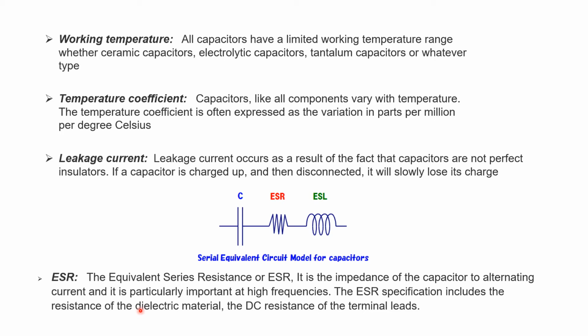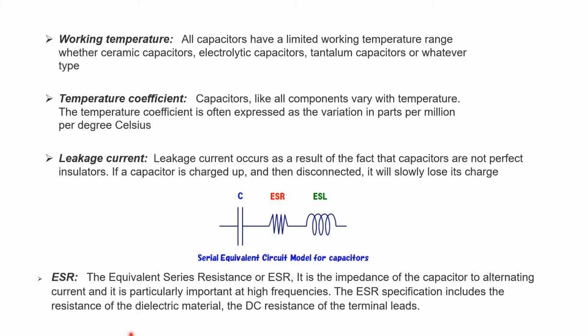If your ESR value is high, it will try to restrict the flow of current. So if you have decided this is your ripple current requirement, and you want more filtering and smoother DC when you are using an AC to DC converter, then the general practice is to take one capacitor and add other capacitors in parallel, so the equivalent ESR value will be less.